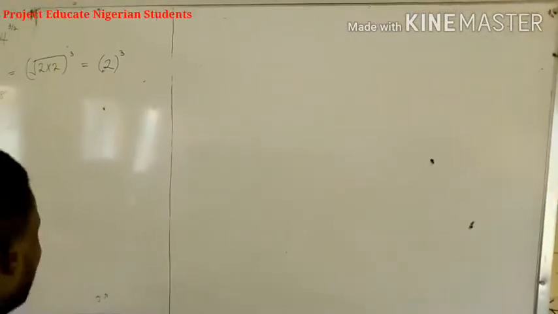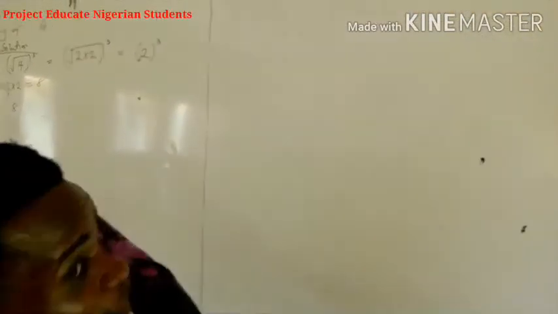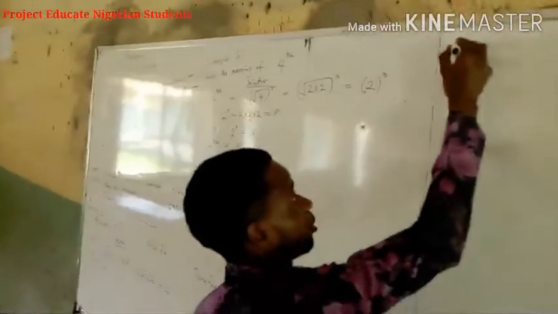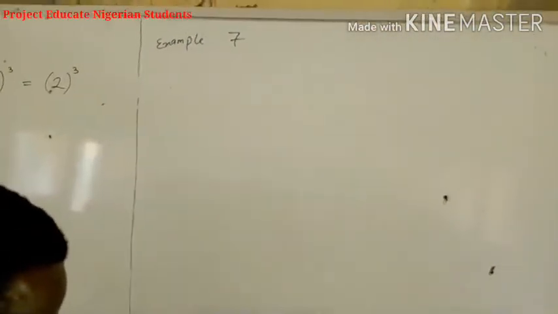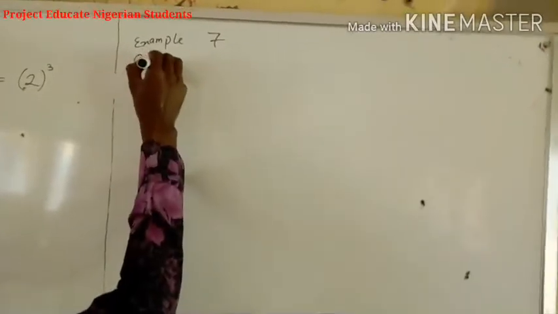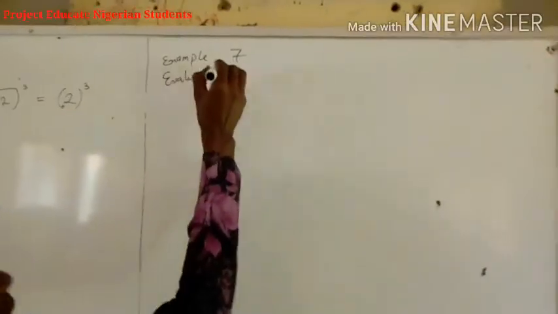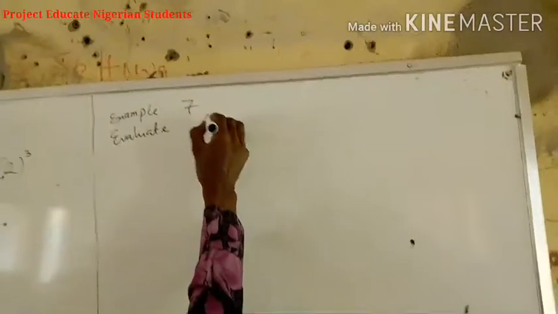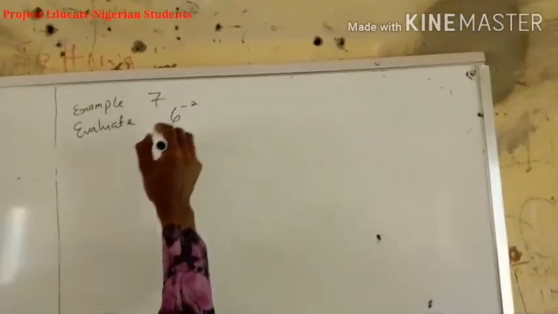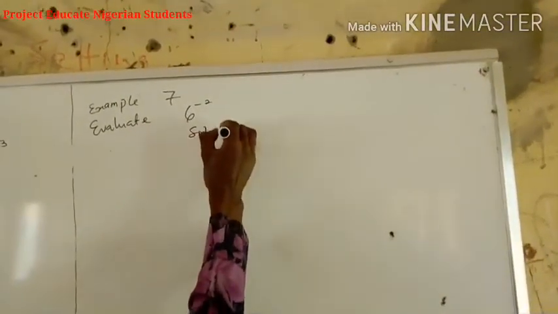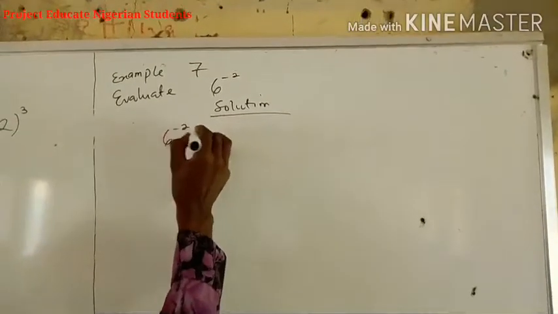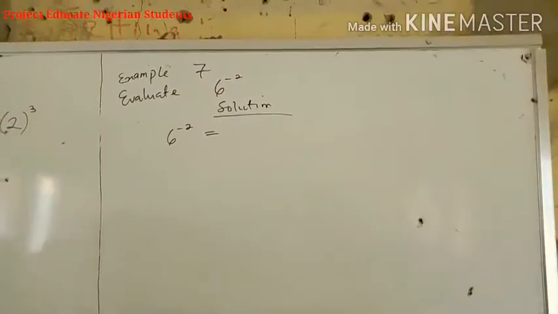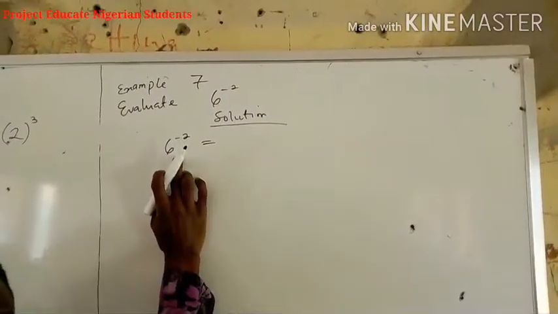So we stopped at example 6 there. So this is example 7. Evaluate 6 raised to the power minus 2. So the solution: 6 to the power minus 2 equals, remember what I said, the power here is negative.